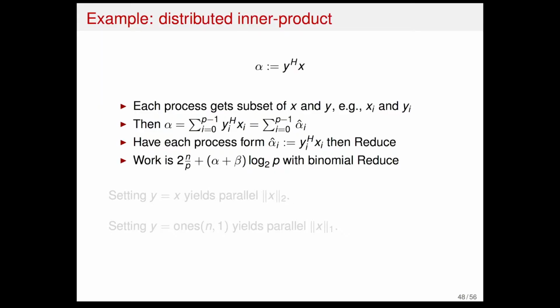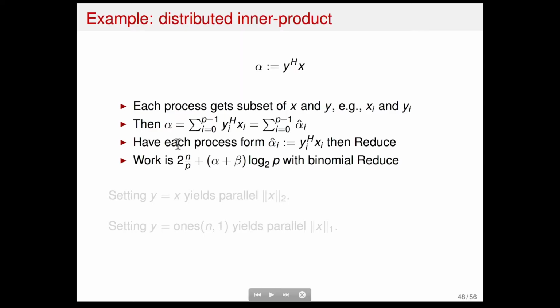The floating point work that would be required for these local inner products would look like 2 times n over p, since each process would have roughly n over p entries of x and y if x and y were each of length n originally and we had p processors. So this is essentially optimal. The only cost for performing the communication is this alpha plus beta log base 2 of p term, which is actually quite low.